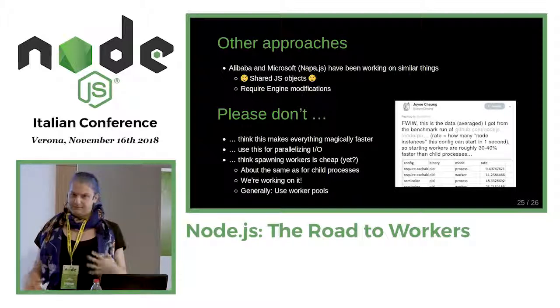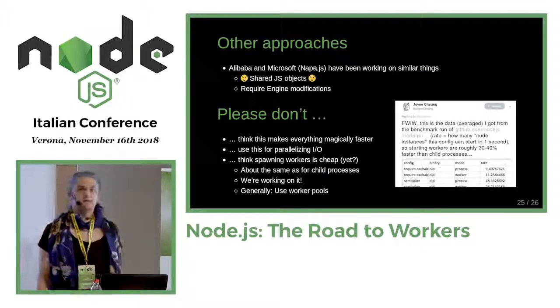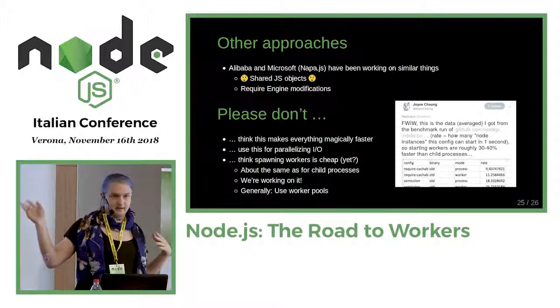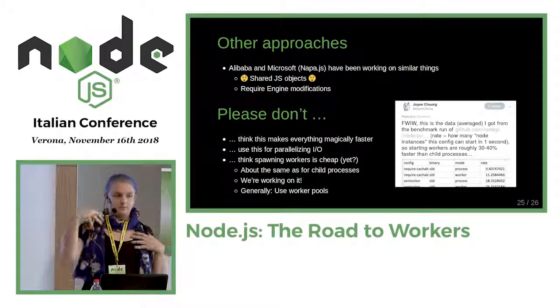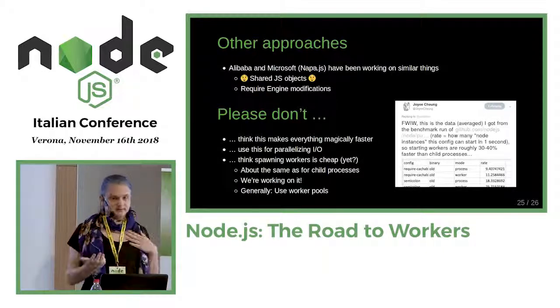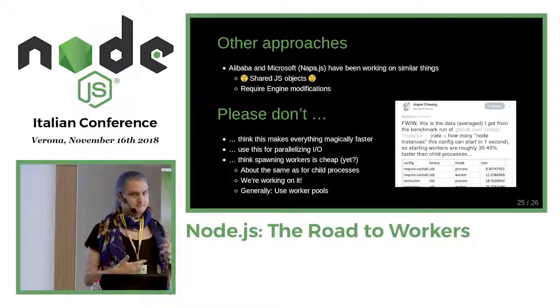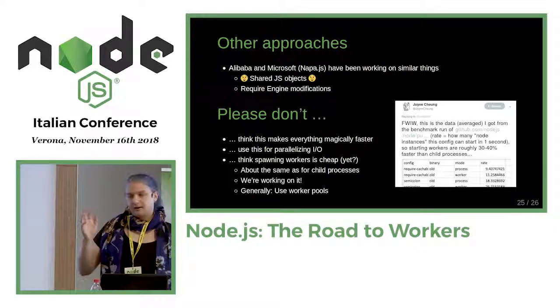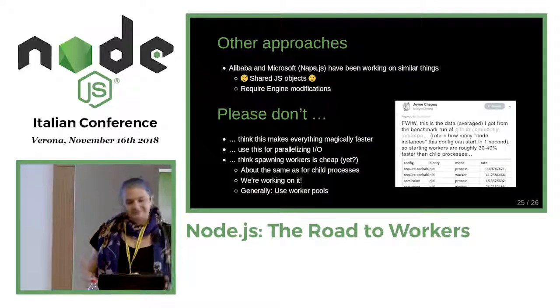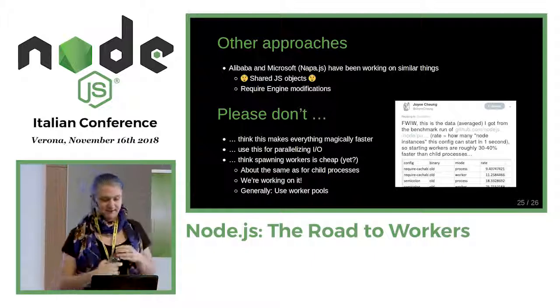Also, it's not cheap to spawn workers, because if you remember from earlier in this talk, we're basically spinning up independent Node instances. That still takes quite a bit of time. A couple of milliseconds, you know, but in the big picture, it's still a bit of time.